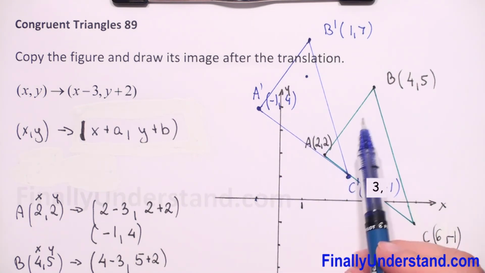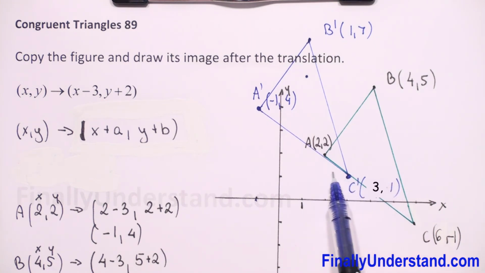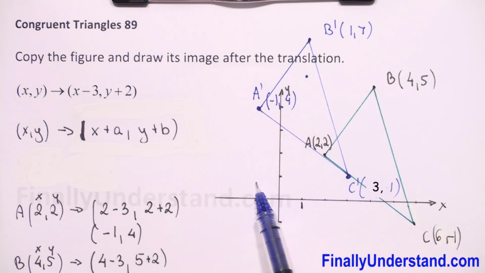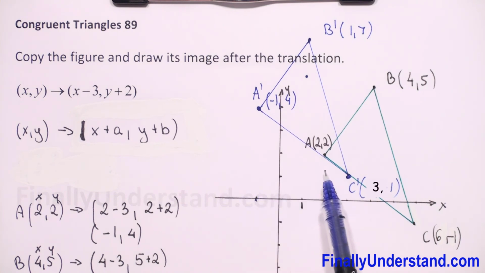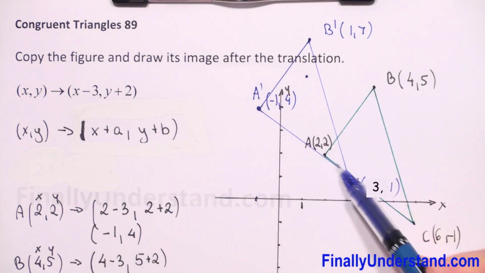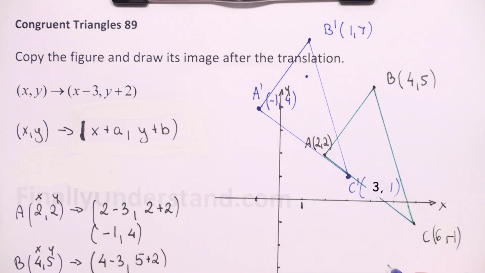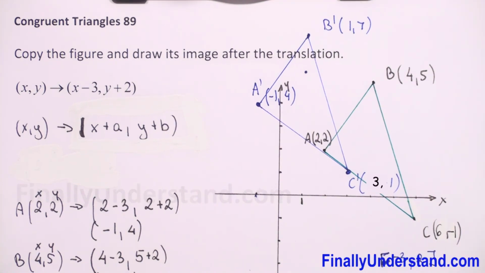Every point of this triangle was moved by 3 units to the left and 2 units up. So in other words, we can say that we translate our triangle ABC by vector (-3, 2). So this was translation by vector (-3, 2). This is my solution.